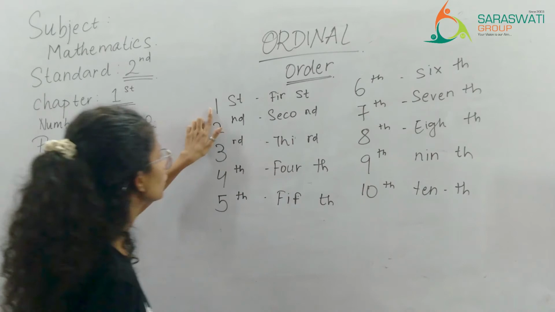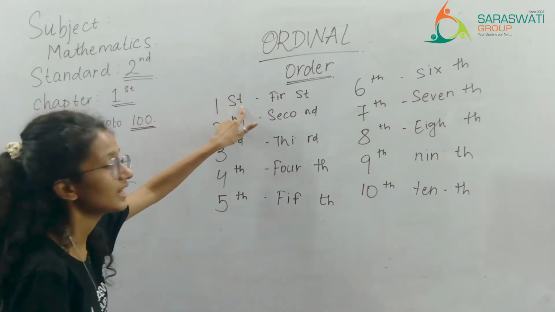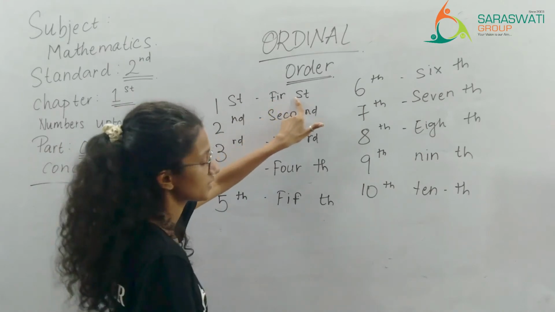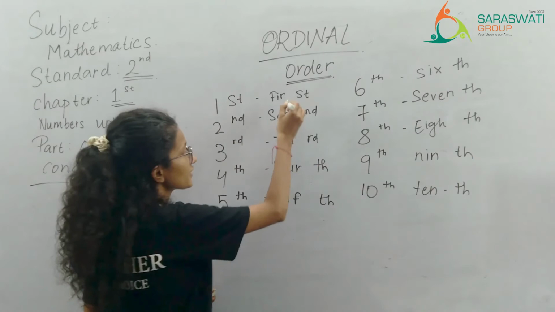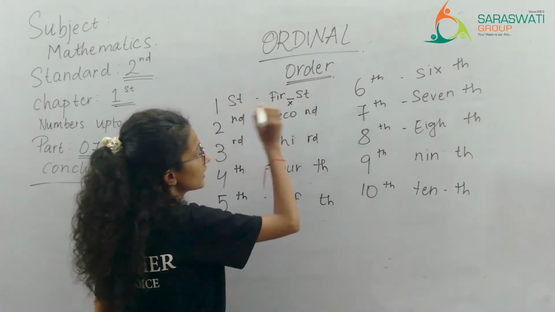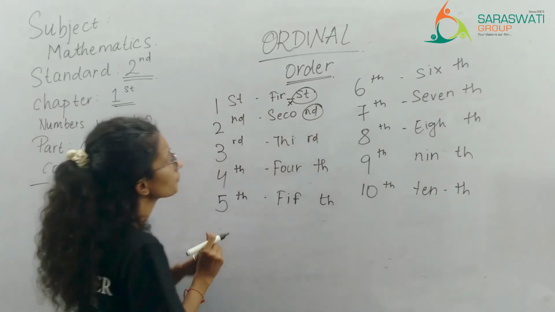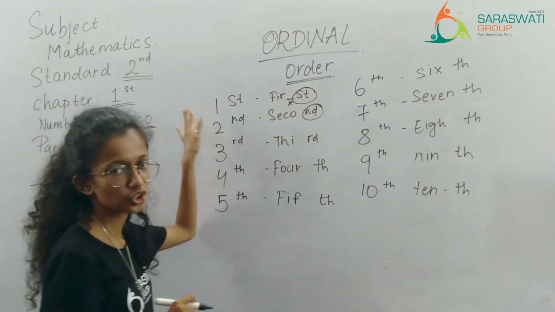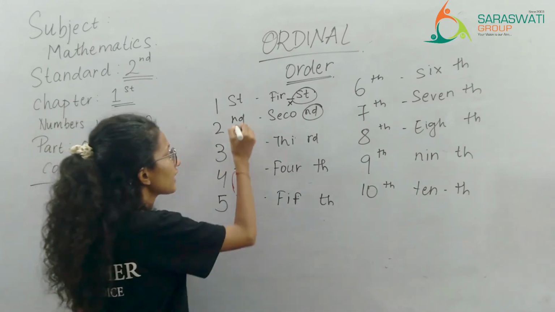If I talk about one would have ST and it will become first. I have kept a space, but an actual space does not exist. It is just to separate the last words. First position. Then comes second. In second we add ND.